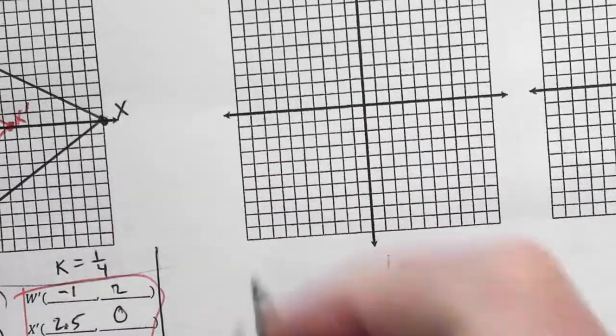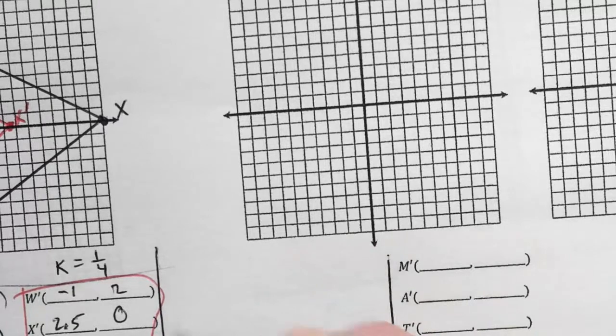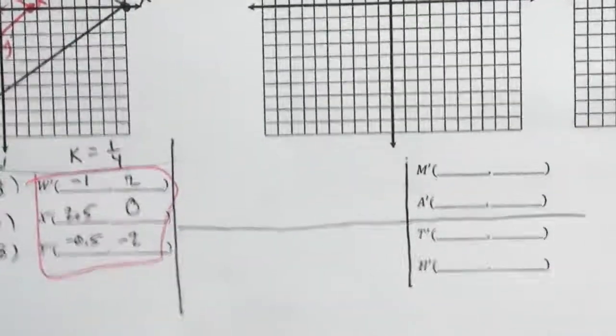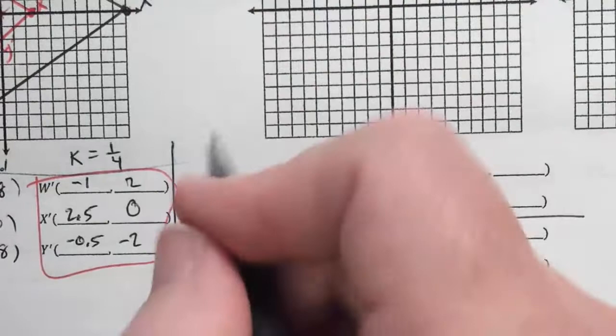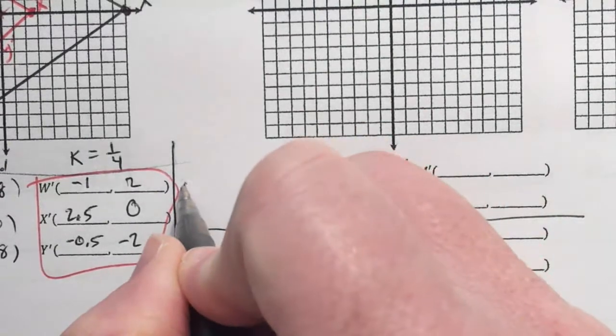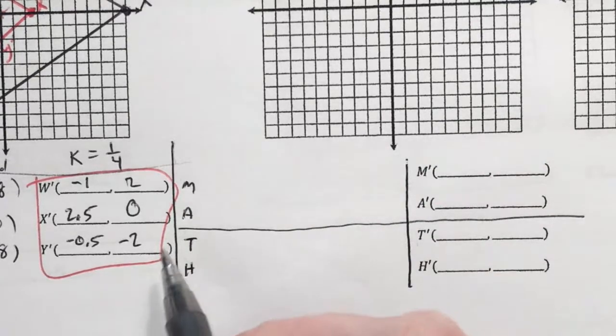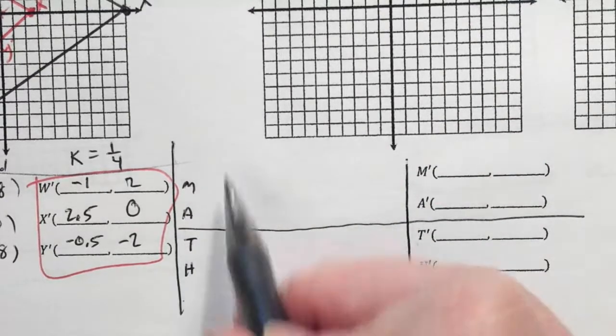So keep everything as lined up as possible. I'm going to put a line between A and T. That will just help me keep this organized. On number 3, we have M, A, T, and H. The only reason I have this line here is just to help me stay organized.